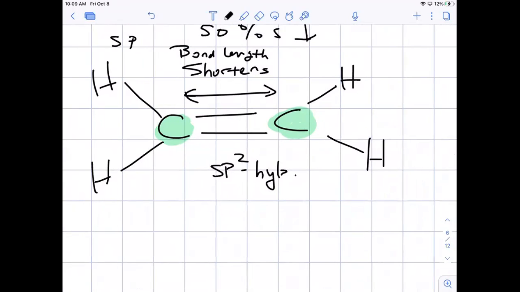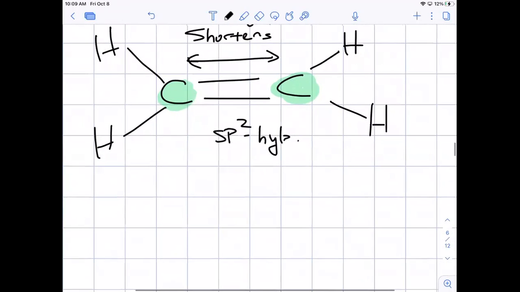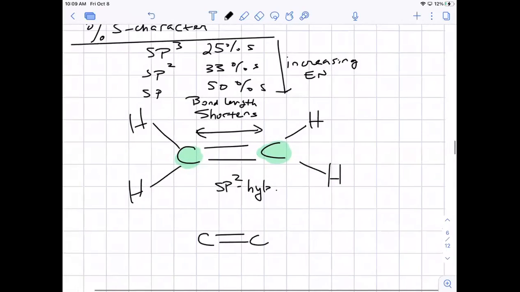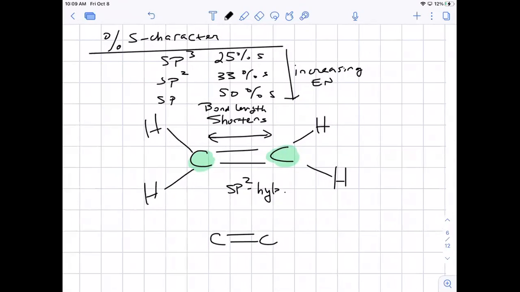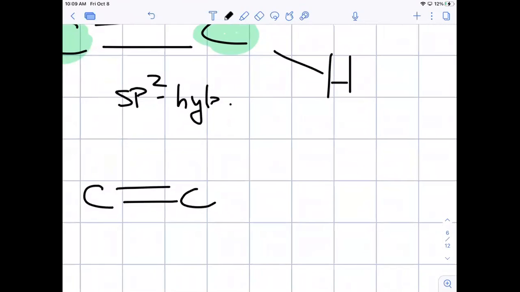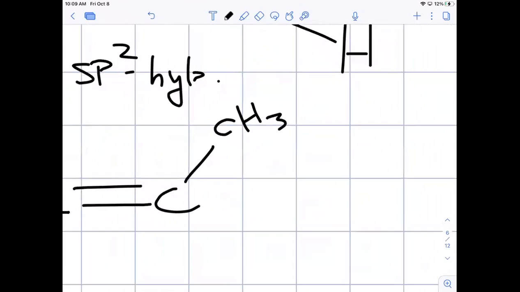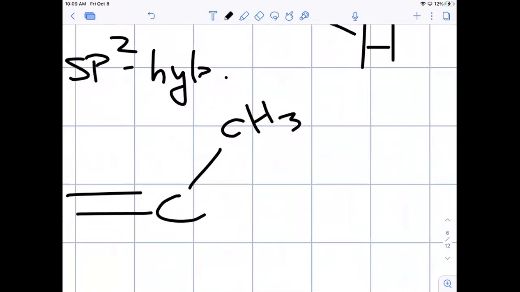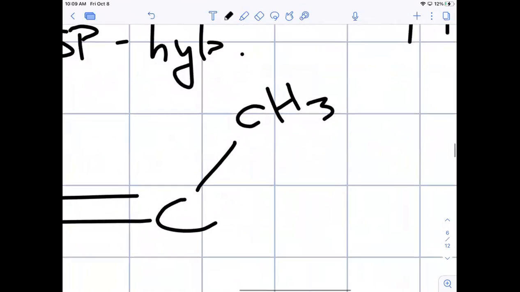The other thing about those two carbons is that because they're sp2 hybridized and they're more electronegative than an sp3 carbon, right? You can stabilize them by adding in electron-rich groups, like adding a methyl group, a carbon-carbon single bond, right?